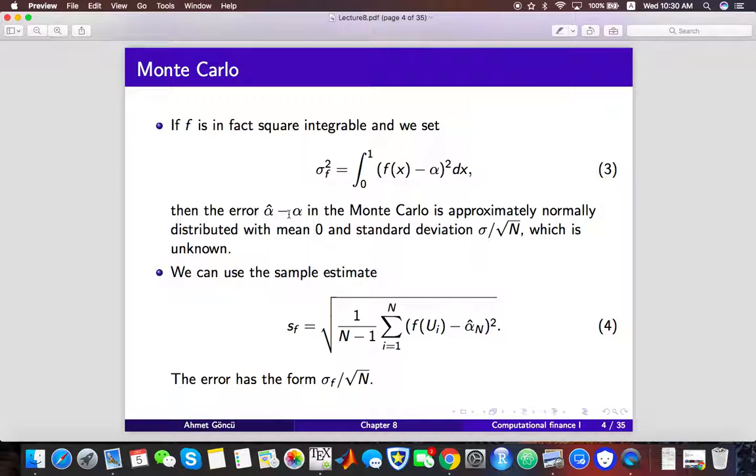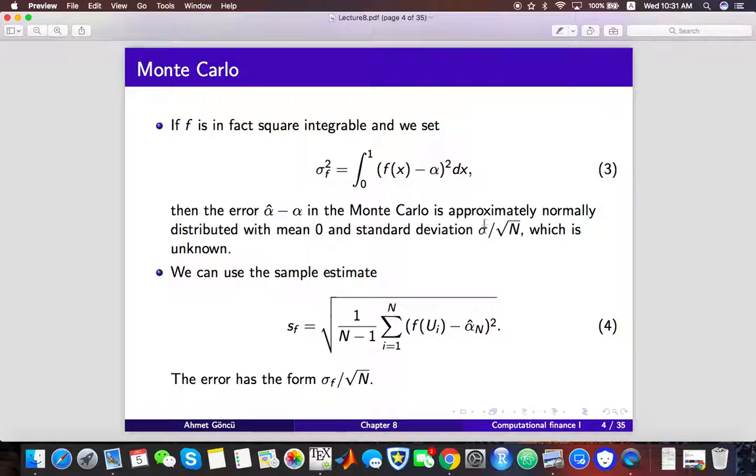The error here, which is the difference alpha hat minus alpha, is going to be an approximately normally distributed value with mean 0, and the standard deviation will be given by sigma divided by the square root of n. Of course, since we don't know how to evaluate alpha, we will not know the real value of this sigma squared for most problems.